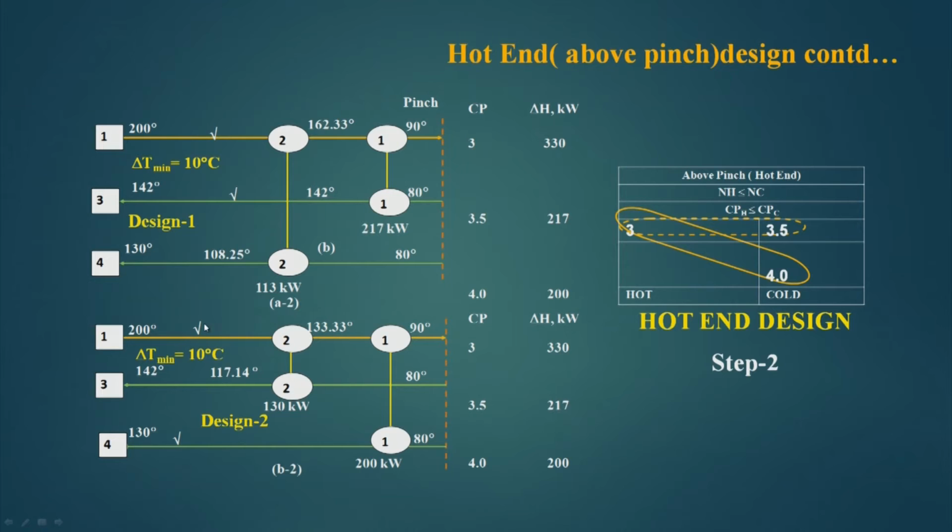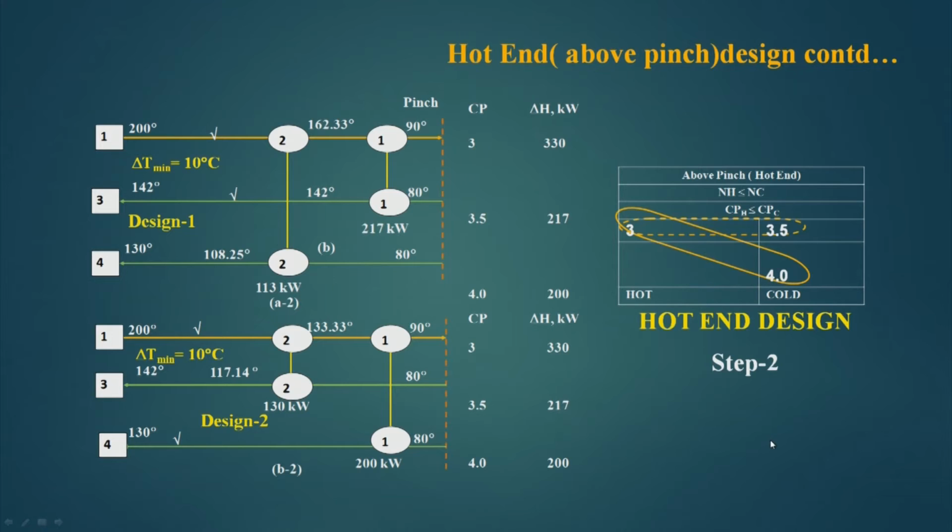So, here in this design 2, this stream is ticked off and this stream is ticked off, and here this stream is ticked off and this stream is ticked off. Now, this stream for the design 1 is 200 kilowatt.